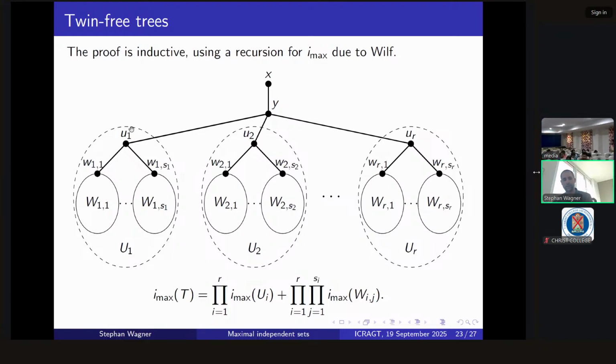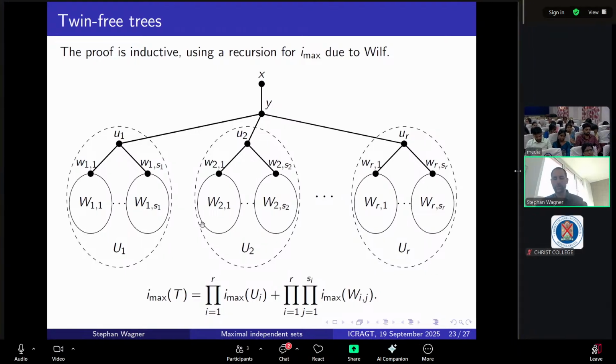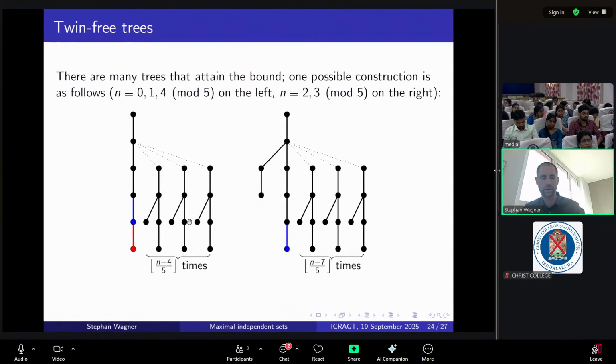So I take the number of maximal independent sets in each of these U's, take the product, then the number of maximal independent sets in each of these W's here, take the product, and that gives you the number of maximal independent sets in the whole tree that's shown here in a decomposed fashion.